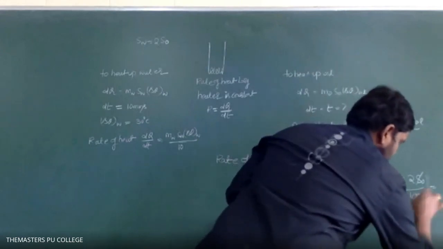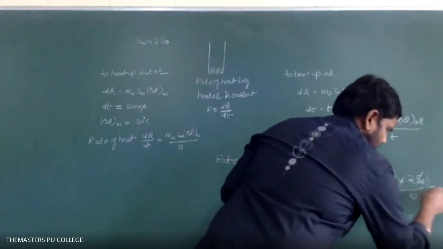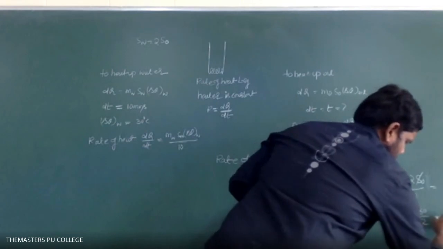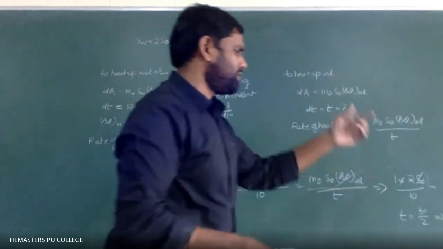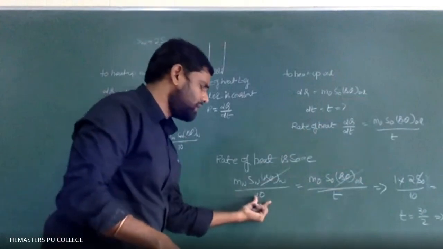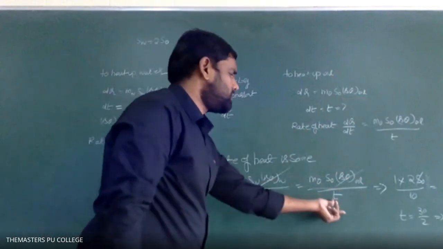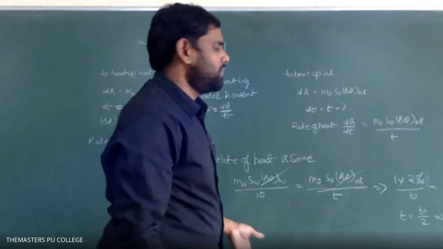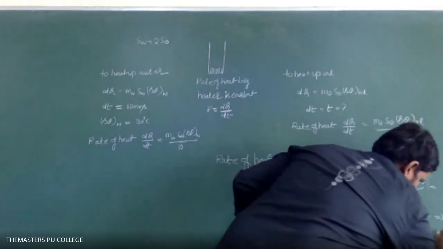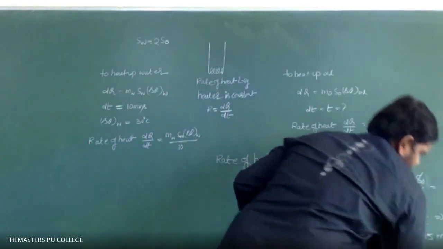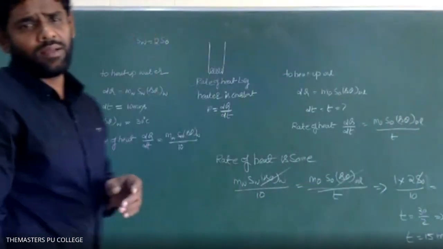Then T is equal to 10 into 3, that is 30, by 2, which implies T is equal to 15. The unit of T: since I have taken 10 in minutes, T is also in minutes. So T is equal to 15 minutes.